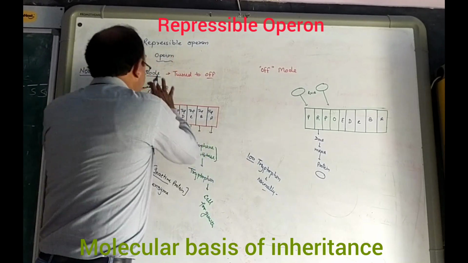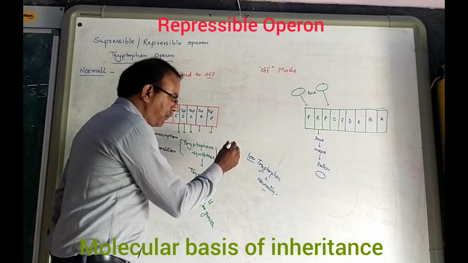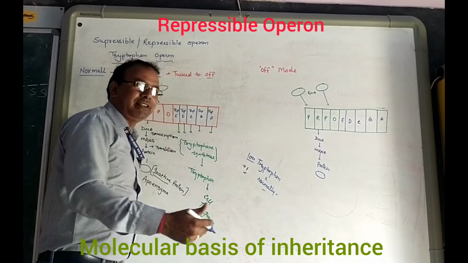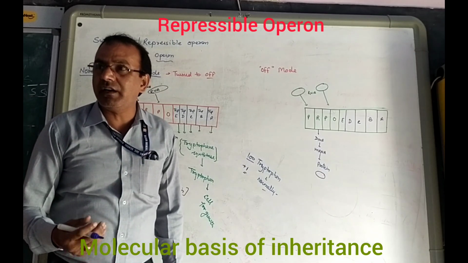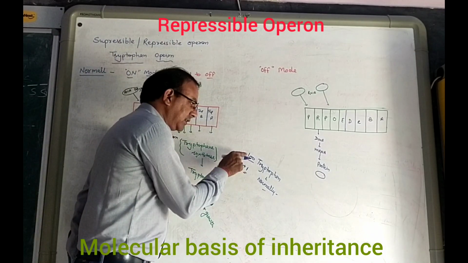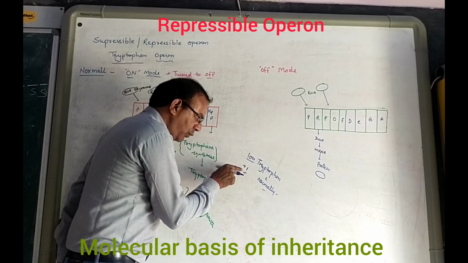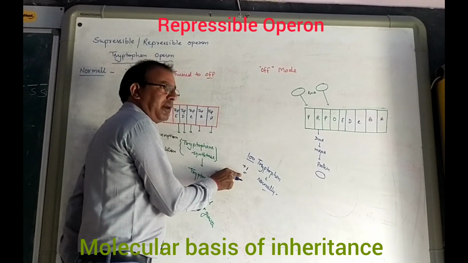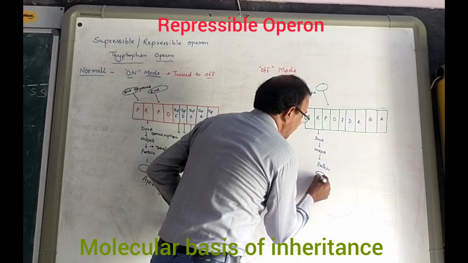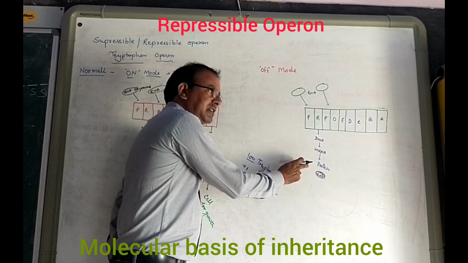The process remains on. But due to continuous synthesis, if one particle of tryptophan is exceeded, it means one extra tryptophan is produced. This extra tryptophan, beyond the 100 required by the cell, binds with this protein, which firstly remains inactive.